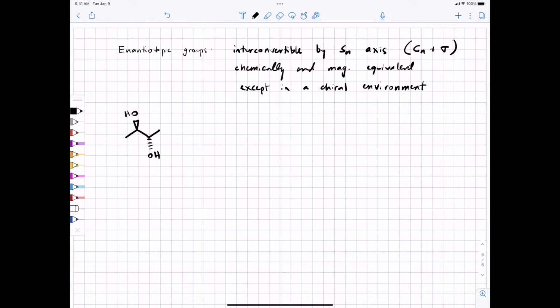We would say that these two OH groups, this one A and this one B, are enantiotopic because, as I've shown you, you can interchange them by a C2 operation, which takes OHA and puts it there and puts OHB there, followed by a mirror plane.